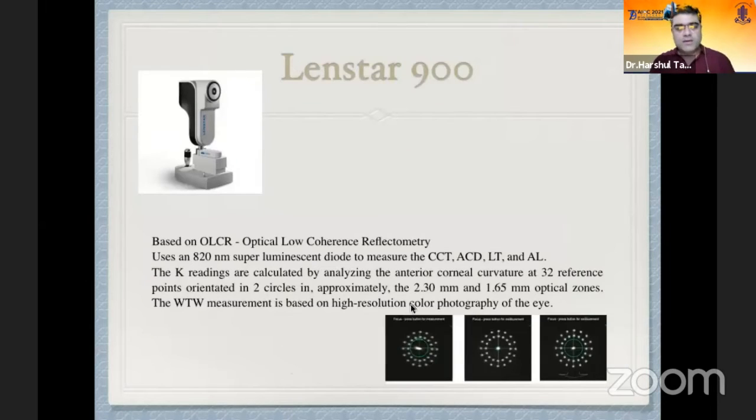So this was overcome by the OLCR, which measured central corneal thickness, ACD, lens thickness, and axial length. Because the newer generation formulas do require these parameters, and the K readings in Lenstar were calculated by two circles at 1.65 and 2.3 millimeters, and 32 reference points were used.